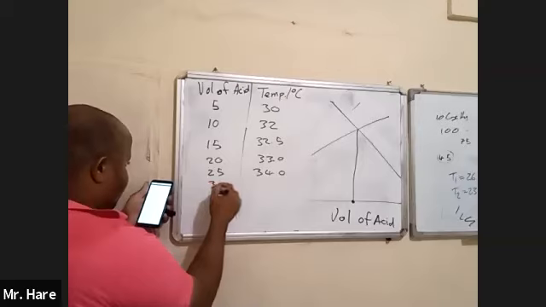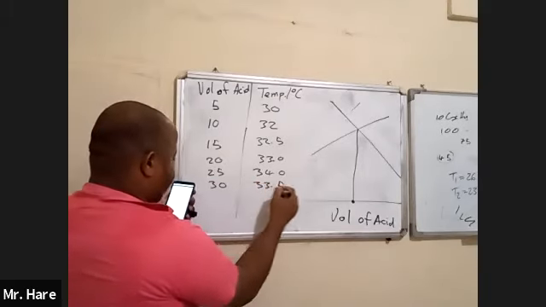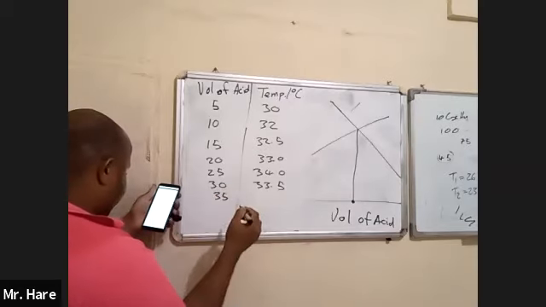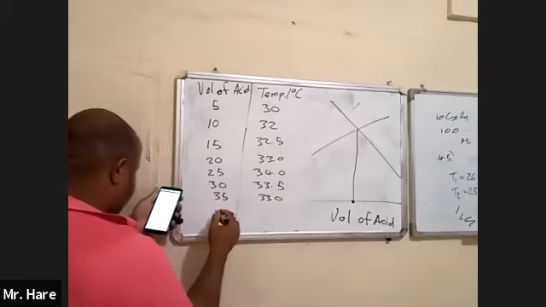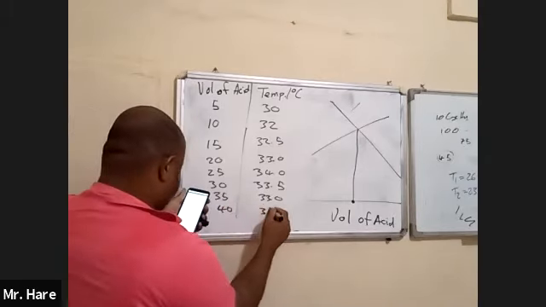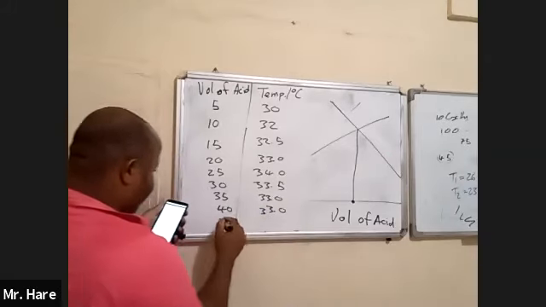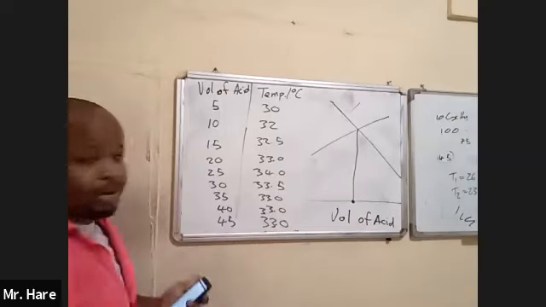When you add 30, it was 33.5. When you add 35, it was 33. When you add 40, it was 33 again. And when you add 45, it was also 33.